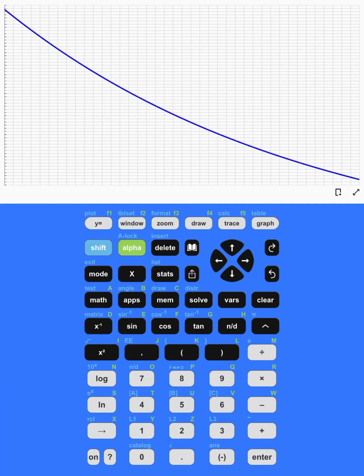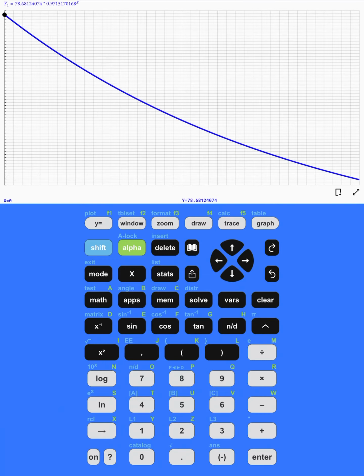So the question that they're asking is, once you've graphed it, estimate the temperature of the water 15 minutes after the experiment began. Round your answer to the nearest degree. So 15 minutes is time. So time is the x coordinate. So what you're going to do, guys, is press trace, then put 15 and then press enter. Okay, so trace 15, enter.